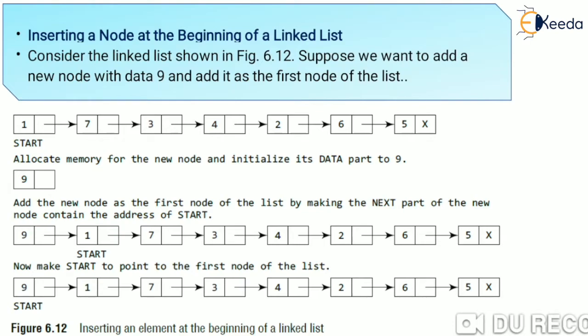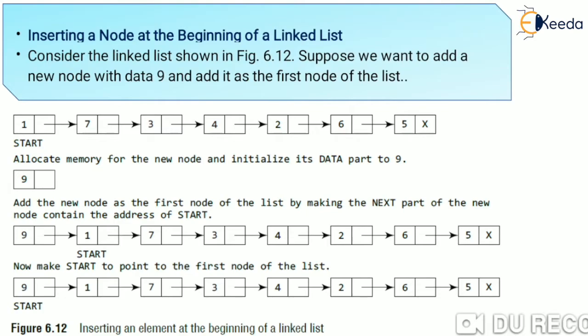Now we have a new node, that is 9. Now add the new node at the first node of the list by making the next part of the new node contain the address of start. Now see here, we already know that start is pointing to the first node, and start stores the data of the first node.